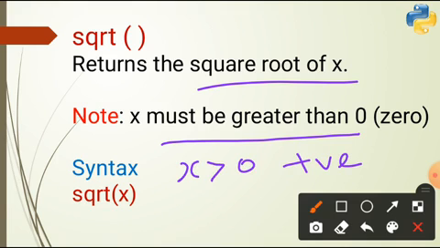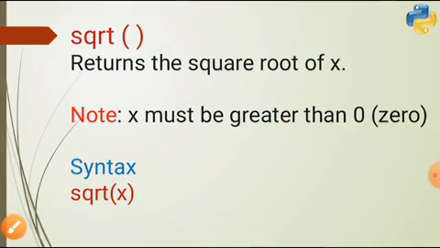So we are unable to find the square root of negative values. Okay, any positive values can be used for finding the square root. And the syntax is given as SQRT of x, which means we can pass only one parameter for the function.